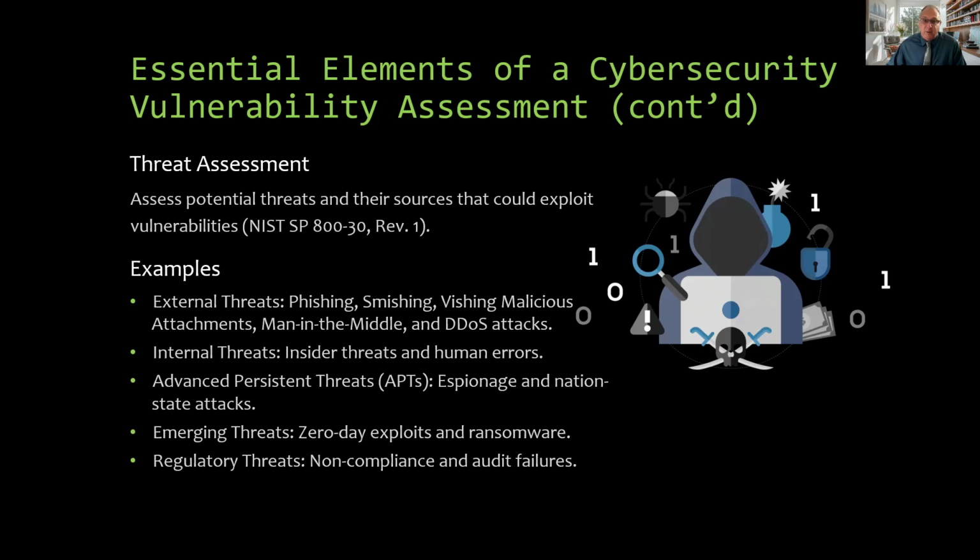Are there nation states, known as APTs, that are constantly hammering away at our network through our website and emails to get access to our data and our information? Maybe some proprietary software that they want to use for their own businesses.